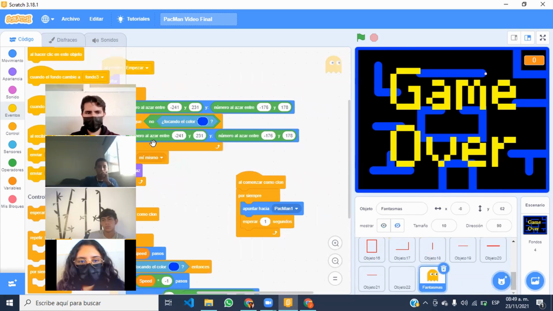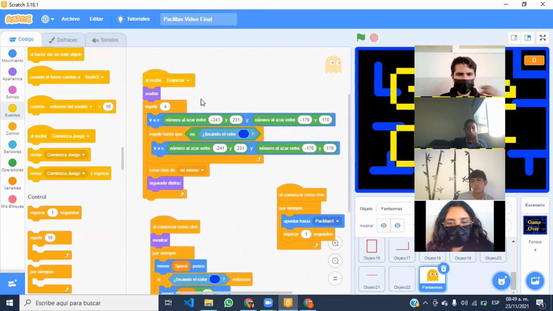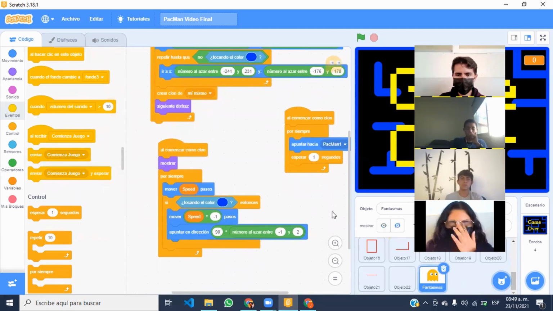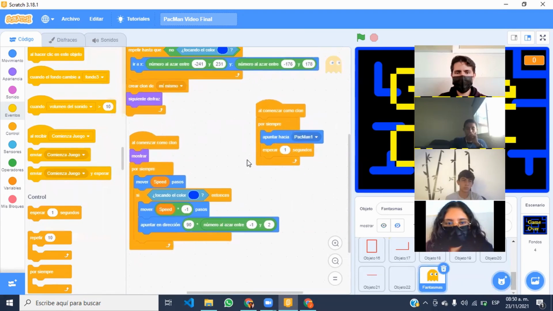Then finally, in the ghost part, when the game starts, they're going to show randomly across the screen. But if they're touching a blue part, they're going to move their position until they are in a part that is allowed. Also, they have 3 different appearances, so there are different designs for them.